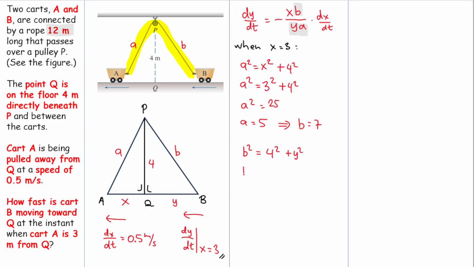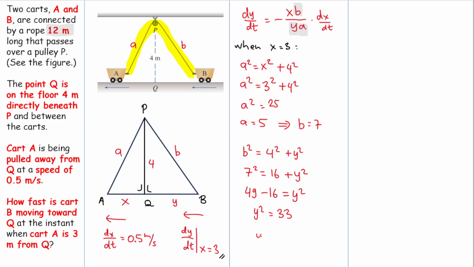Okay, but then b squared here is 7 squared, so I will have 7 squared, and that will equal 4 squared, that will be 16, plus y squared. 7 squared is 49. Let's move 16 to the left hand side, so I'll have minus 16, and that will equal y squared, and so we'll have y squared is equal to 33.